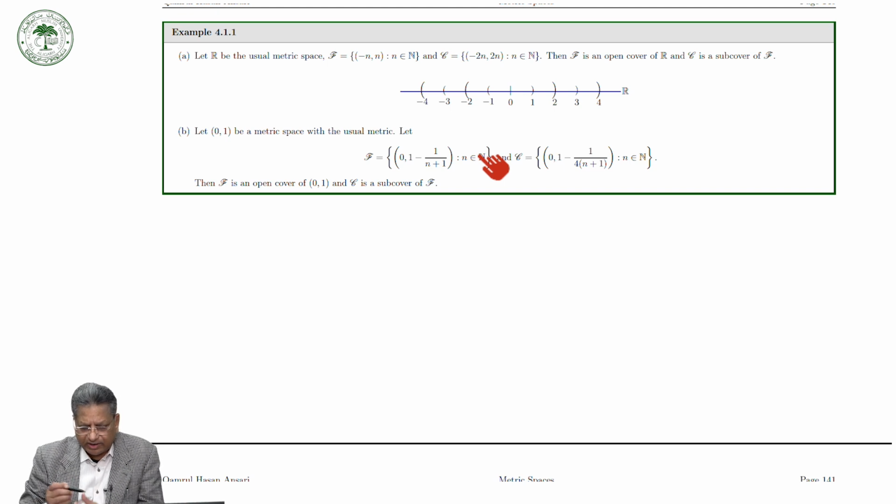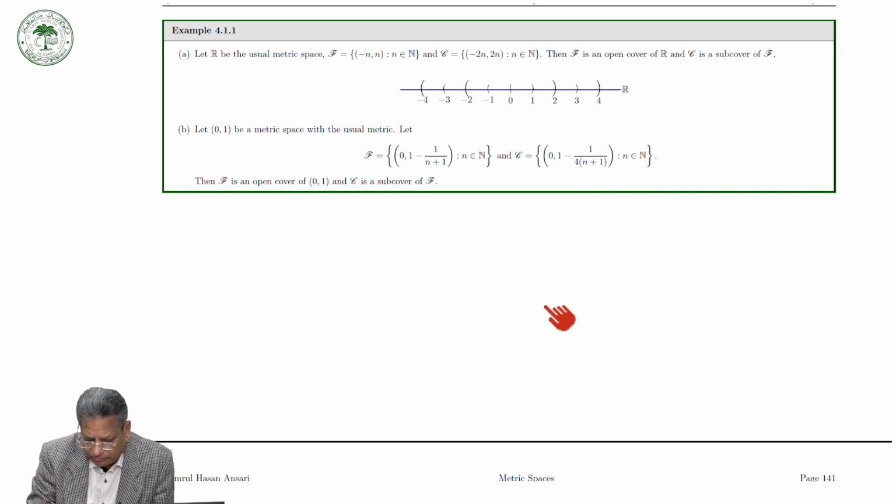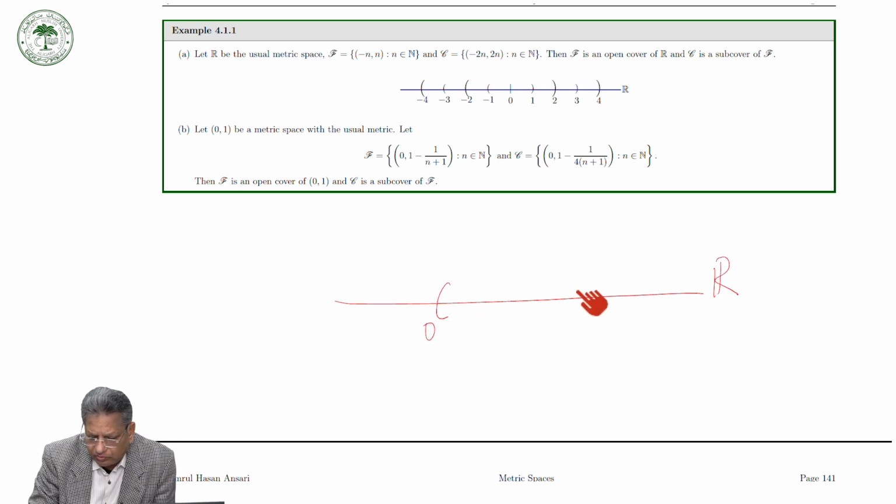Keep in mind, suppose this is your R, with 0 and 1 marked. An open set in the set X = (0, 1) is an open interval intersected with X. Suppose I take the open interval from minus half to half.